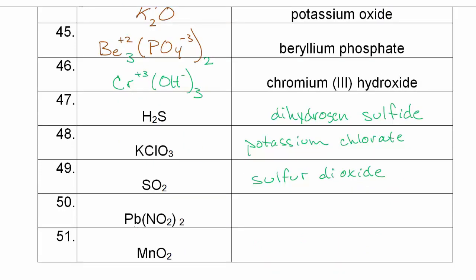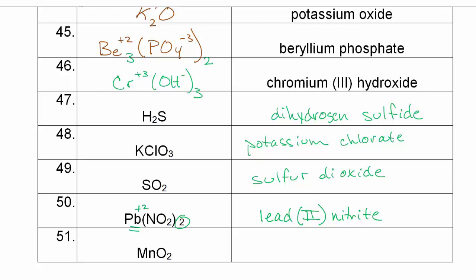We see a metal, and lead is a transition metal, so make sure you write its charge in parentheses. Lead what? It has to be lead(II). And what is NO2? Nitrite. Nitrate has 3 oxygens.